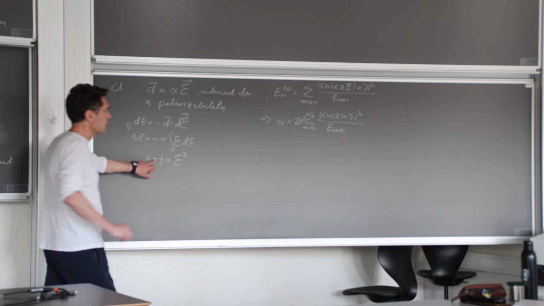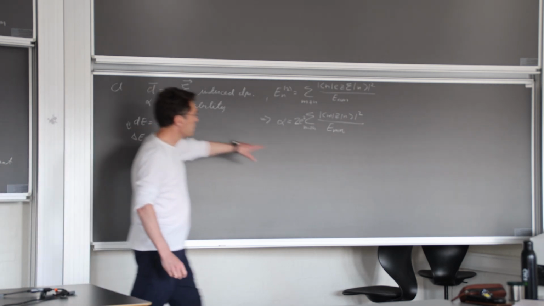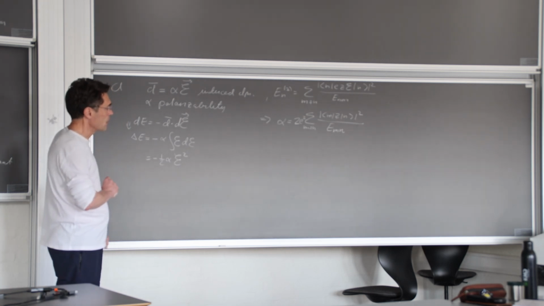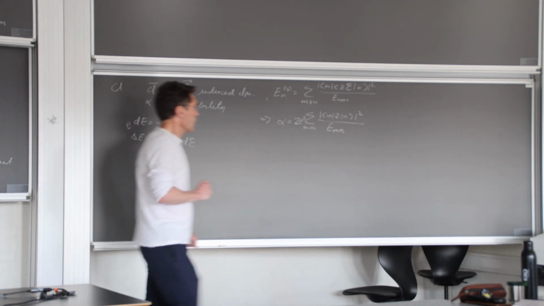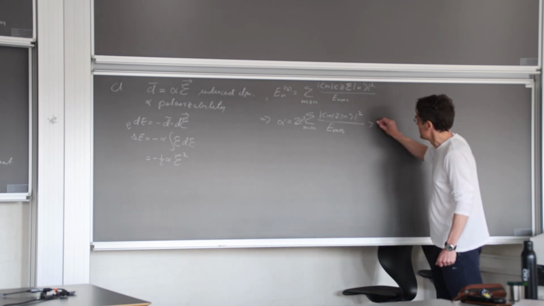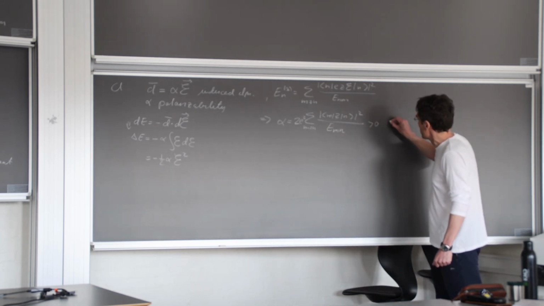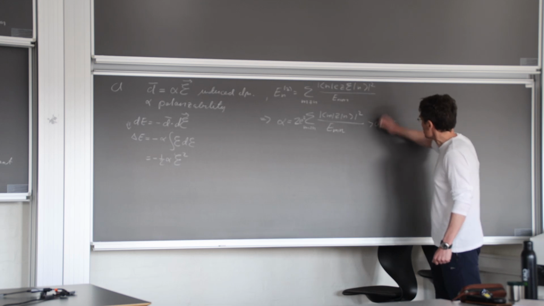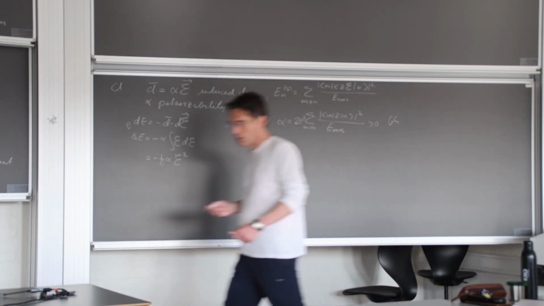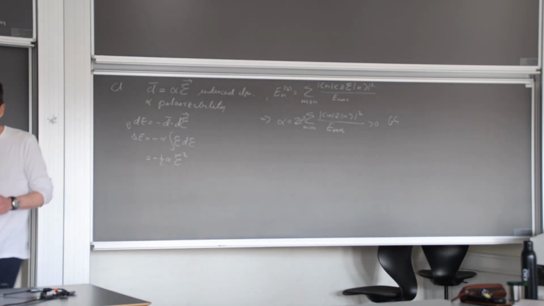Because I have a minus here, but I can get rid of that minus by inverting that denominator there. So this again will then be positive. This is greater than 0 for the ground state. The polarizability of the ground state is always positive.